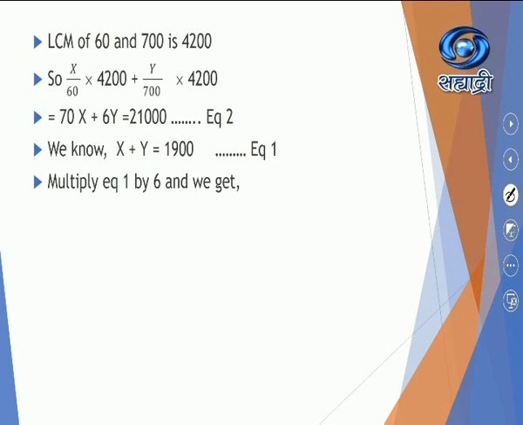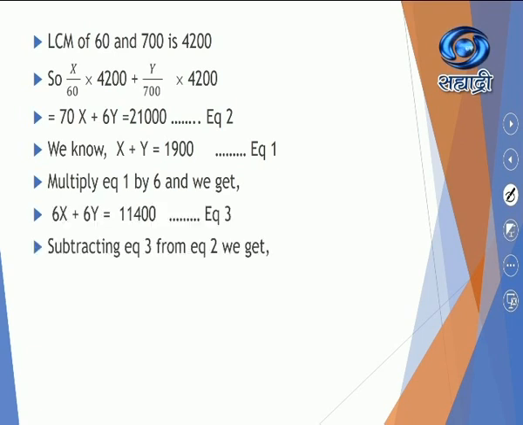Solving this, we get 70x plus 6y equal to 21,000. That is equation number 2. And the first equation was x plus y is equal to 1900. Multiply equation 1 by 6. We get 6x plus 6y equal to 11,400.